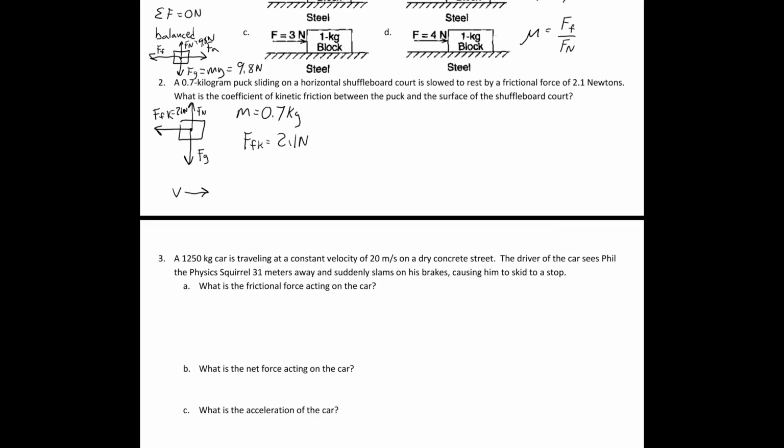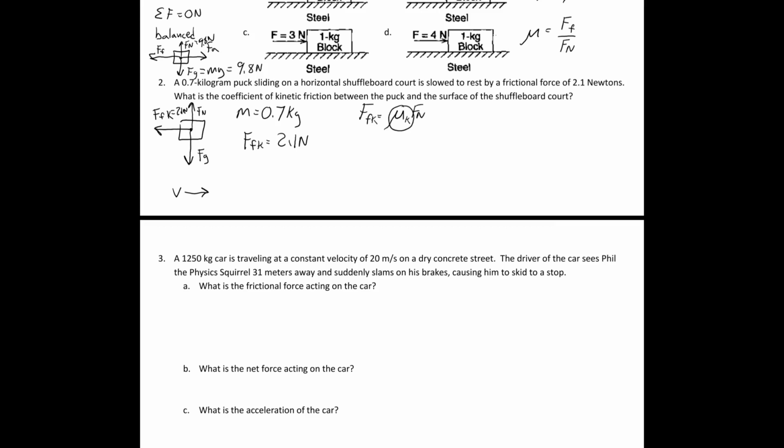Yes, it's not in the reference table, but there's an equation within it. We could do this equation here, but again, I always refer to the equations that are in the reference table, so it's always the same for you guys. FF equals mu Fn, and in this case, it's the kinetic coefficient of friction. We don't know what mu is, but that's okay. That's what they're looking for.